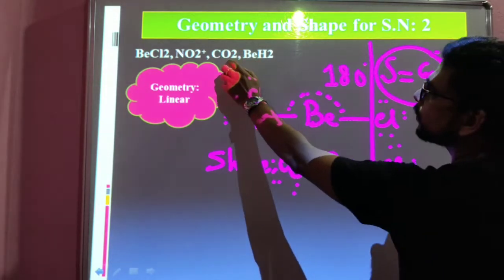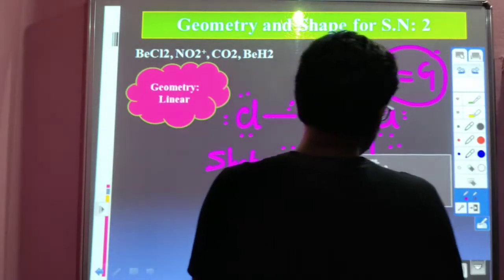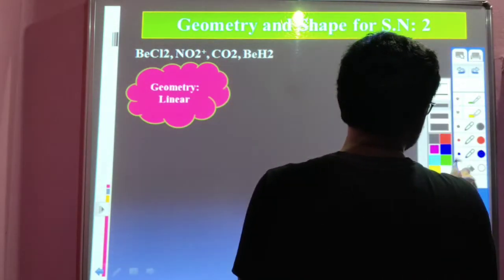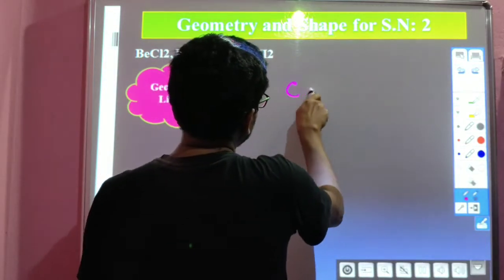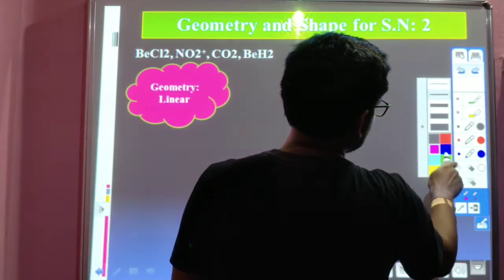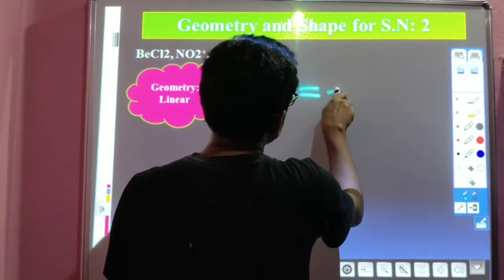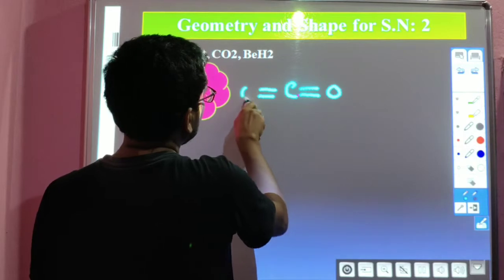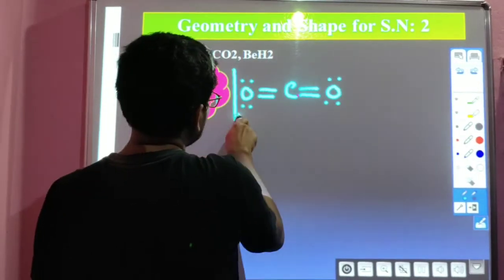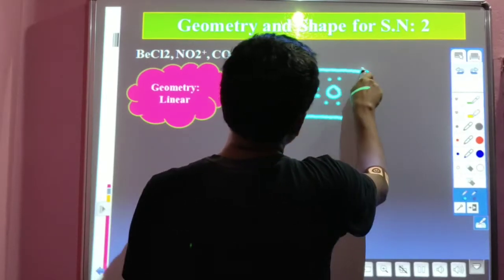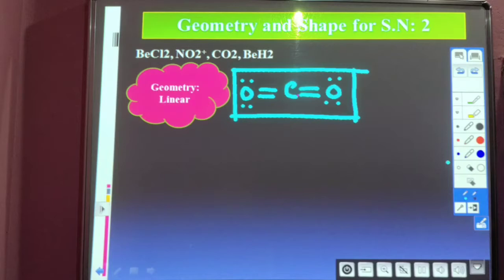In case of CO2, let me show you only CO2. The structure is C double bonded O. This is the structure for CO2.